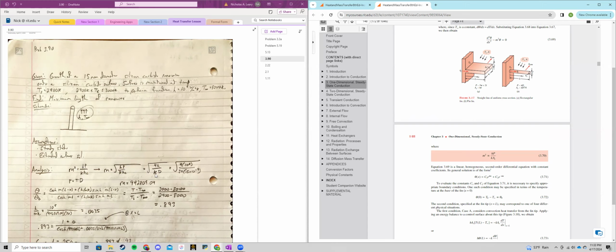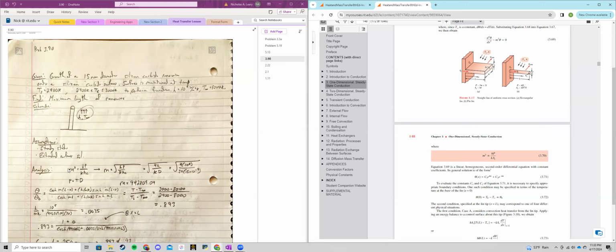So it's 4 times h over k times D. For the material, I found that the k value is 30 watts per meter Kelvin. Our D is 15 times 10 to the negative 9th meters. And our h value is 10 to the 5th watts per meter squared Kelvin. So we get an m value of 942,809.04.